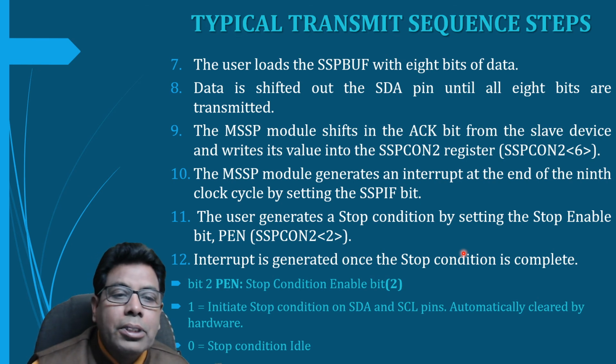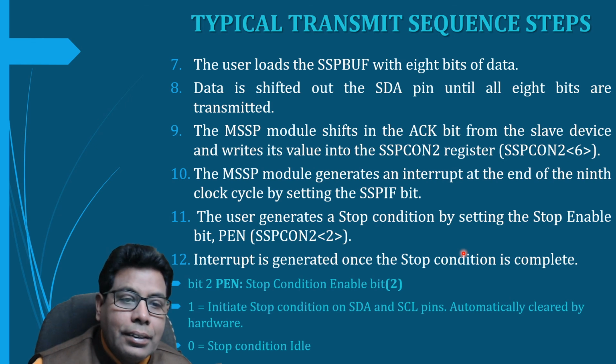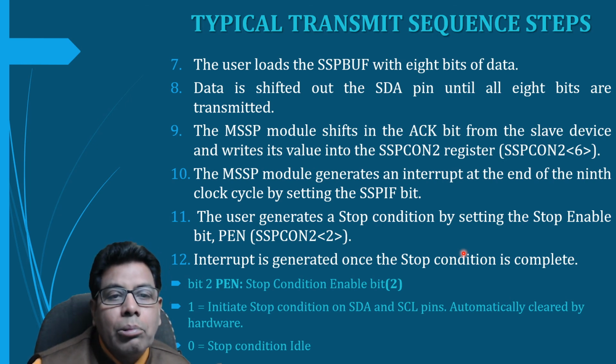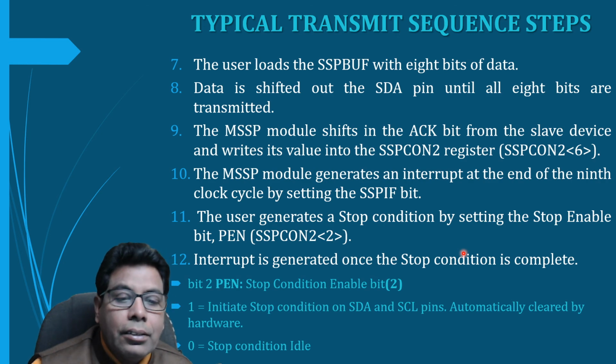That's why this bus protocol is a 2-line protocol having the 2 lines SDA and SCL. These 2 lines are used, and the I2C bus protocol is implemented using the MSSP in PIC 18.